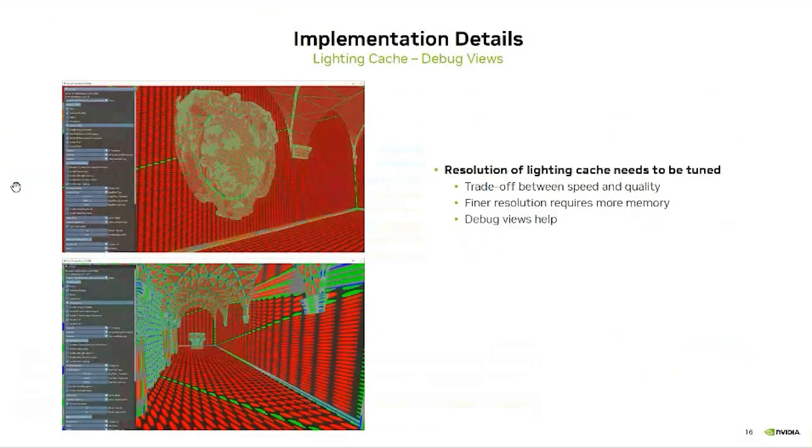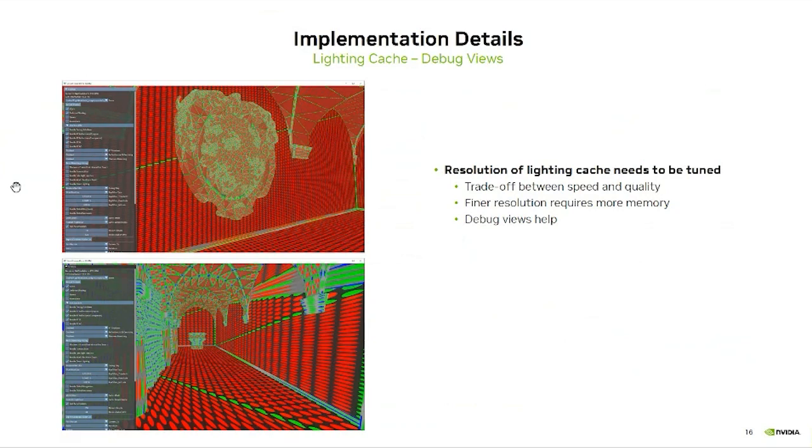So we have some debug views to visualize this tile cache. These red points are LightingCache entries on the inside of the triangle. Green ones are on the edge. And basically, the user has to decide how big these patches are going to be, because with a large number of these circles, it eats a lot of memory, but you get a lot more fidelity.